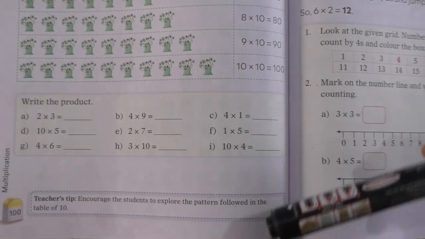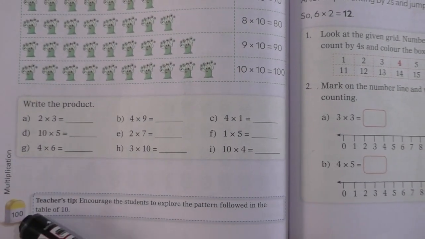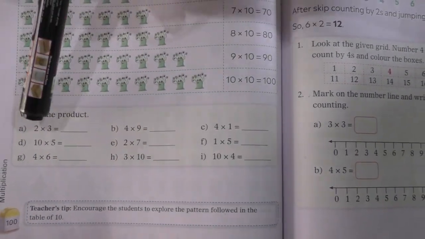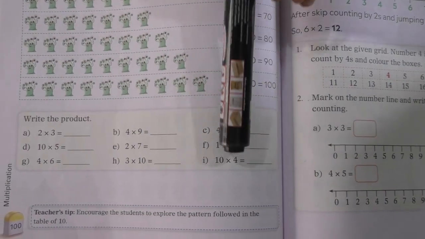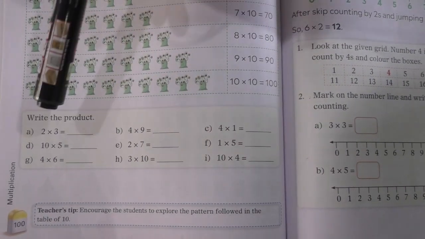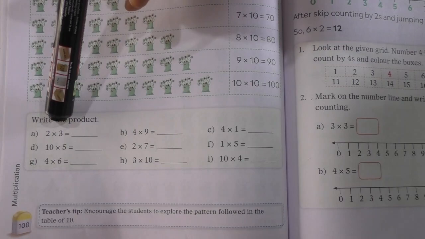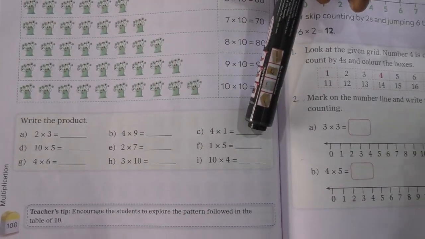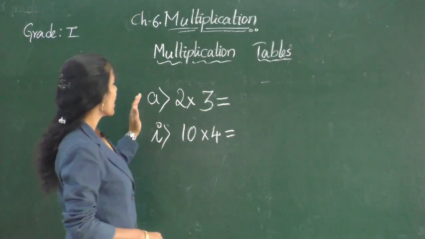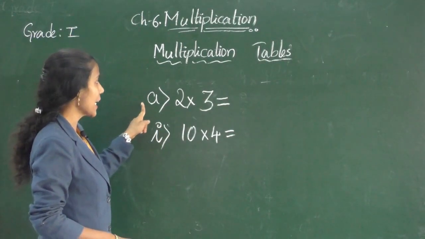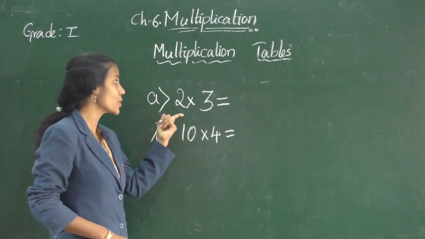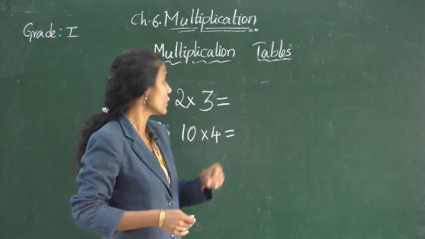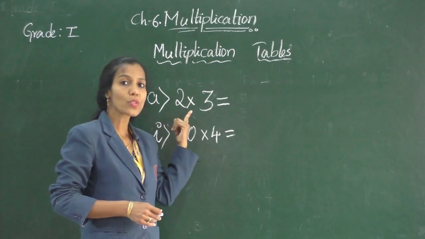Now you can open at page number 100 where we have the exercise. I'll solve A and I for you. The remaining you have to solve by yourself. So here in our exercise A, the problem is 2 into 3. We learnt 3's table. How much is 2 into 3?